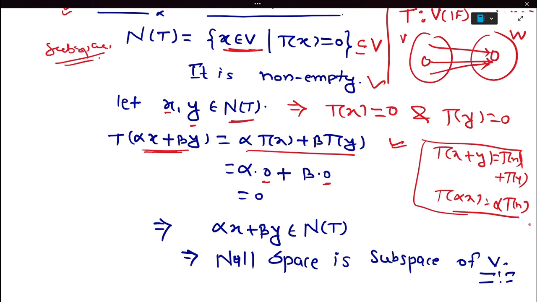Now if you multiply and add, we will get the zero vector only. This means that alpha x plus beta y is in the null space because its image is the zero vector. Okay, hence the null space is a subspace of V.